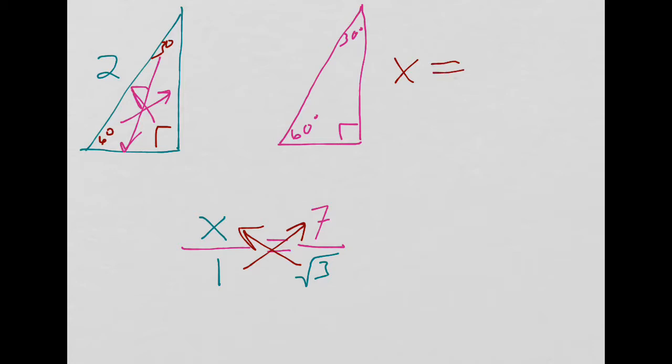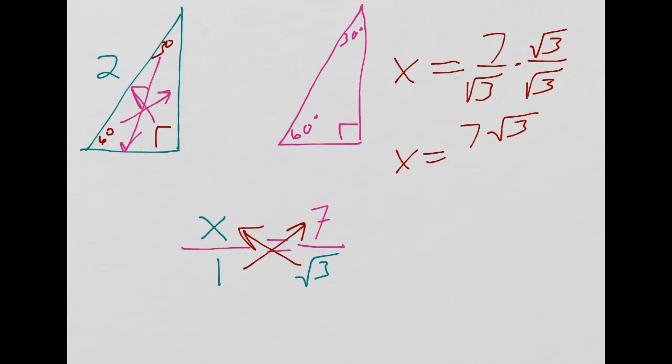So you just have x equals 7 over the square root of 3. But you do have to get that radical out of the denominator. So you get x equals 7 times the square root of 3 over 3. Ta-da!